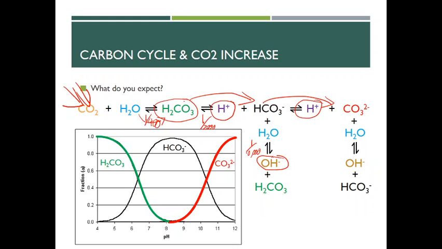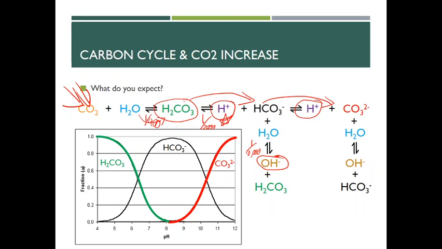So as you're adding CO2, you'll also add OHs here, but at a smaller rate than you would be adding these H's right here. So these H's overpower these OHs and you get a net pH decrease.